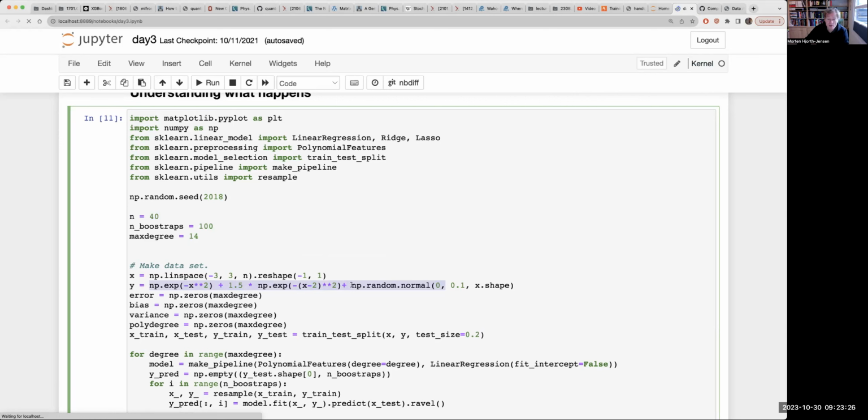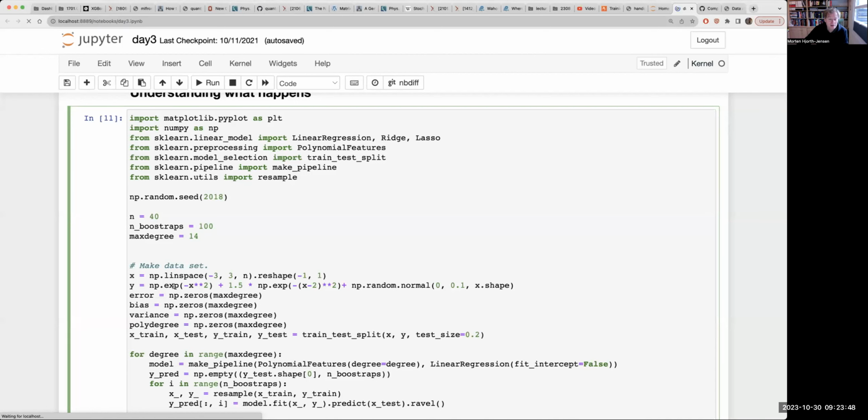So I add some random noise, as you can see here, which is given by a normal distribution. And the function is now a simple one, but with an exponential instead of a polynomial. Which means that if I want a polynomial, I should go to very high degrees before I can get a very good description. Then I have a data set x, which is set up between -3 and 3.